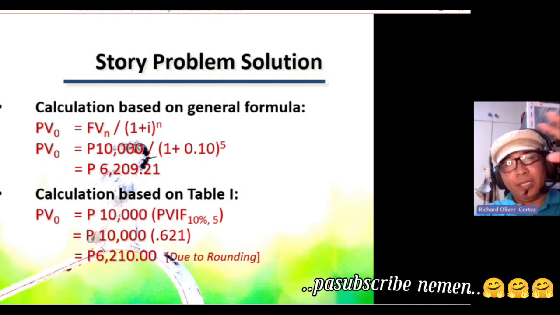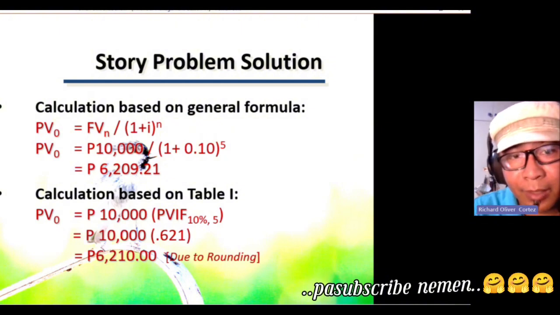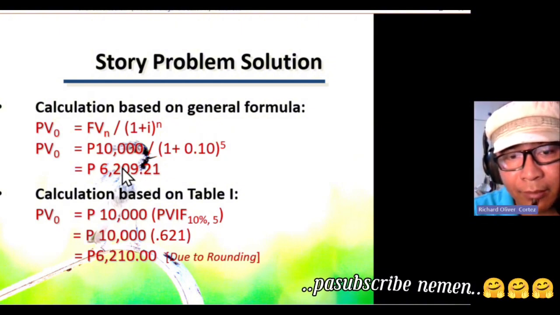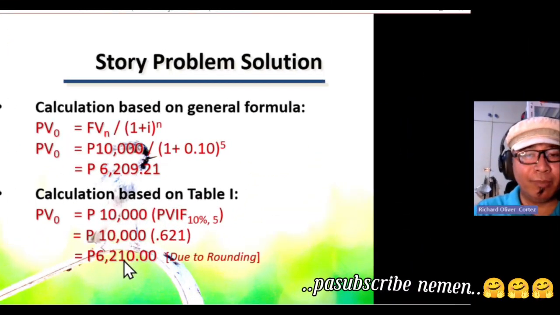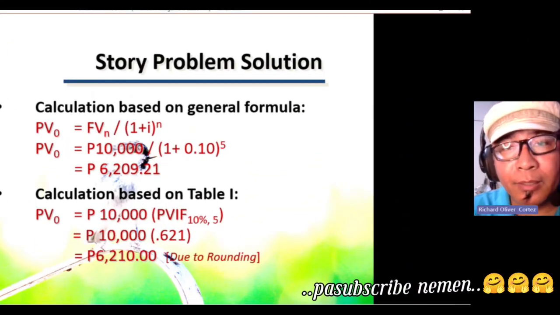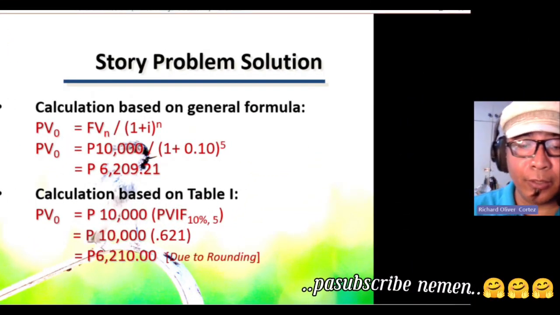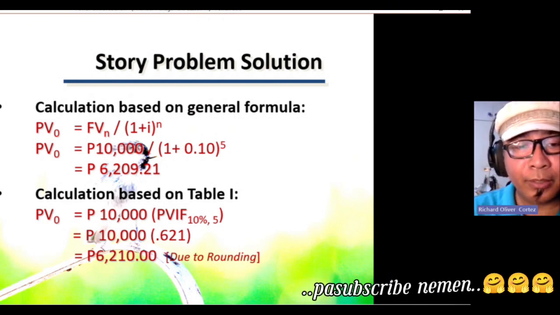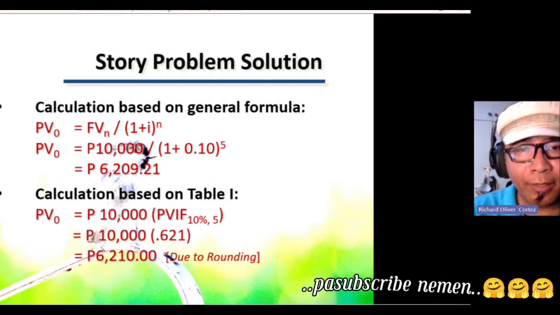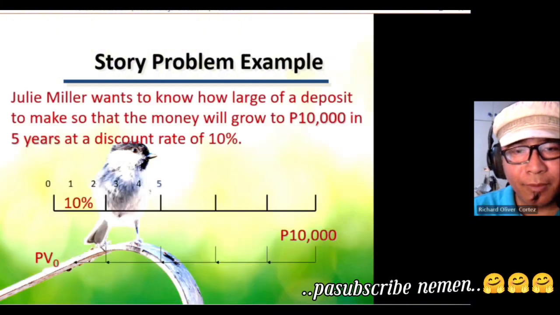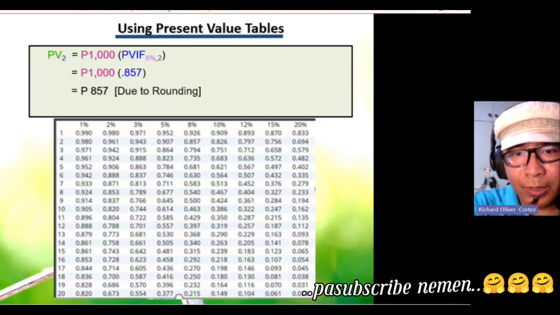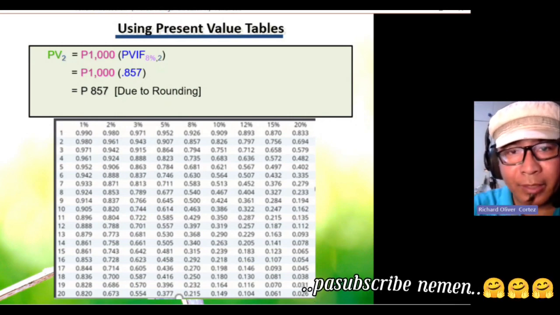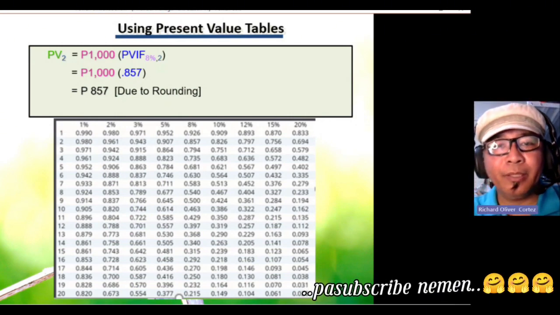So, ibig sabihin, pareho lang, di ba? 6,209 and 0.6210. So, mabilis siya, but the technique here, you should know how you are going to use the table. Okay? Kasi pag nagkamali ka ng gamit ng heading tapos ng row, mali na yung factor na gagamitin. Basta, you remember, no?